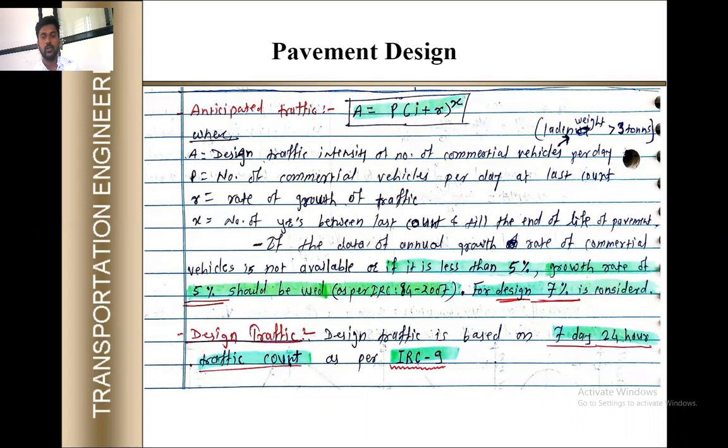The growth rate is taken as 5% as per IRC 84/2007. And when we are designing, for design 7% is considered. The general growth rate is 5%, and for design it is taken as 7% as per IRC 84/2007.